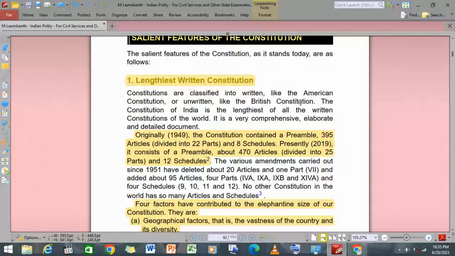That means two new schedules and three new parts have been added. Earlier we had 395 articles and presently we have 470 articles. Around 65 articles were added.